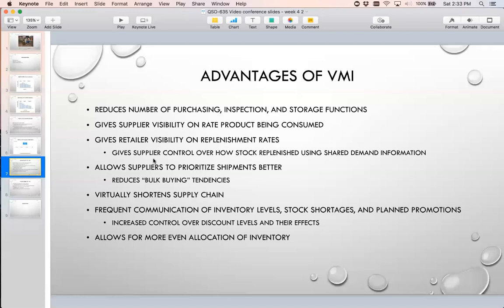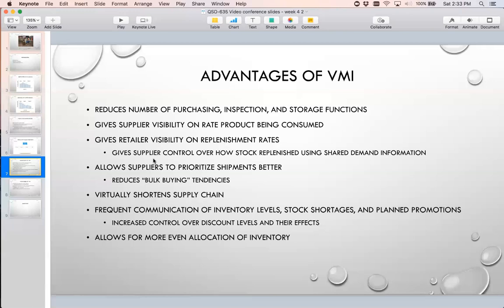It allows suppliers to prioritize shipments better because now the suppliers are able to allocate their products to the supply chain using vendor data better. This is assuming that the vendor has multiple locations. So the vendors and the suppliers can get together to spread the inventory out where it's needed better, which reduces bulk buying.